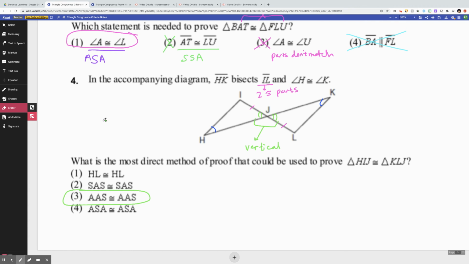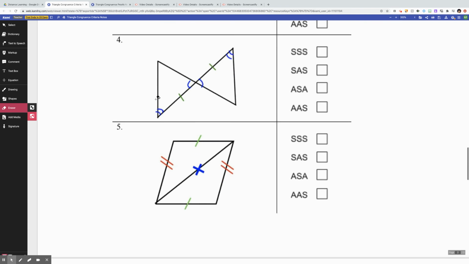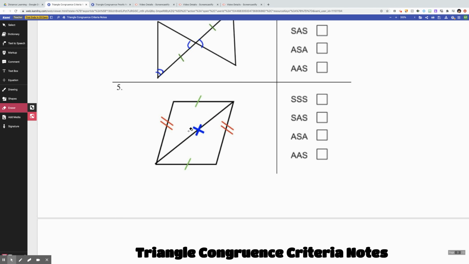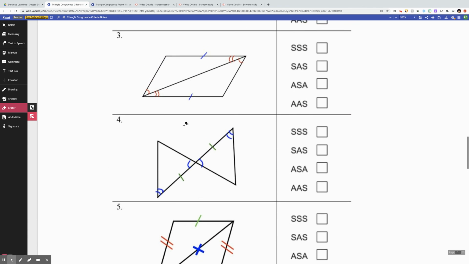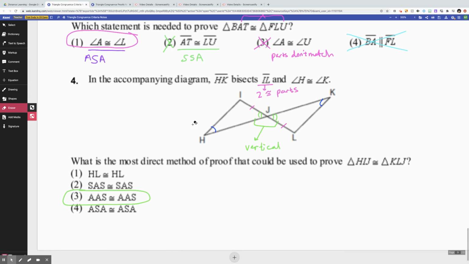Another common one that you'll see is maybe two triangles that share a side, like these right here, or you'll have a bisector, like we used here. That's a common one that is used a lot when marking these diagrams.